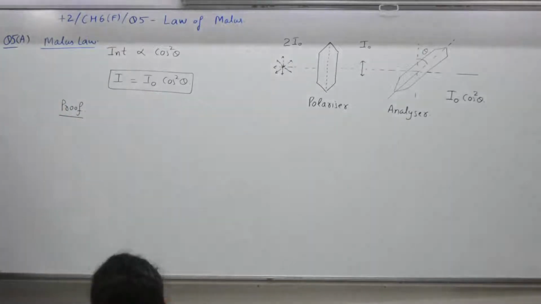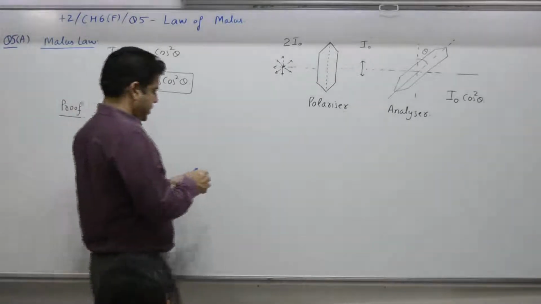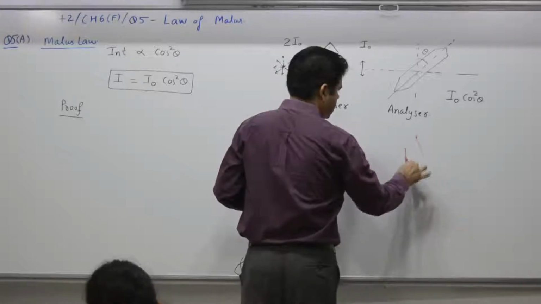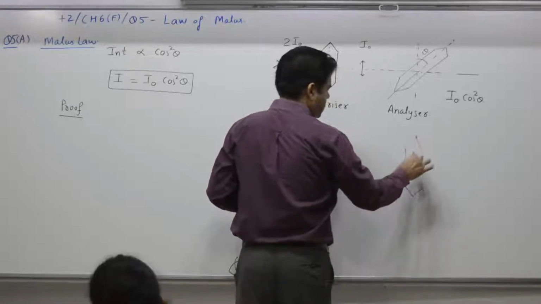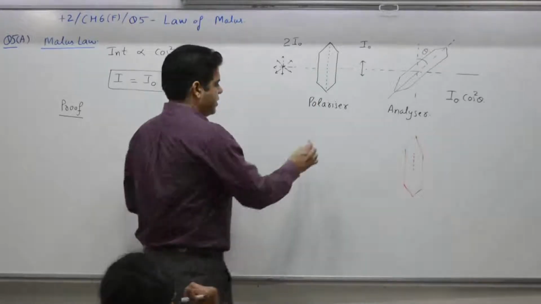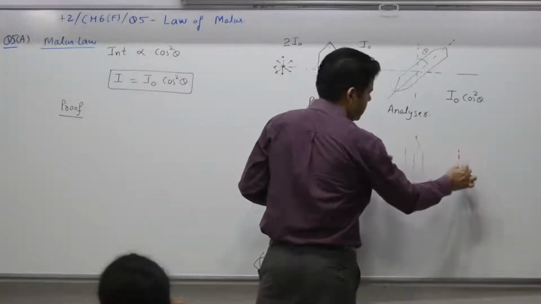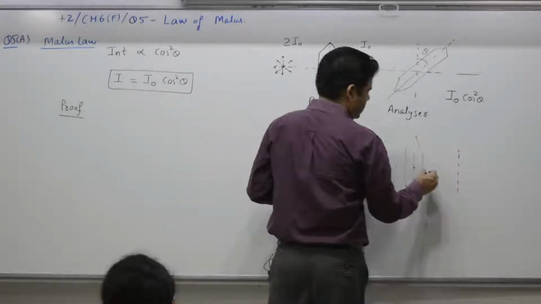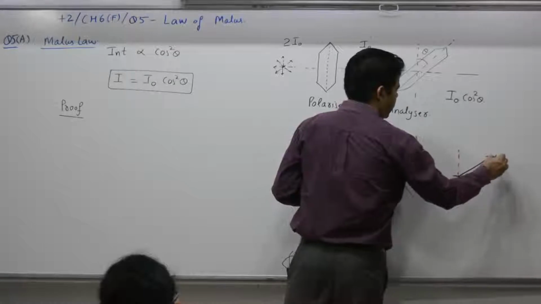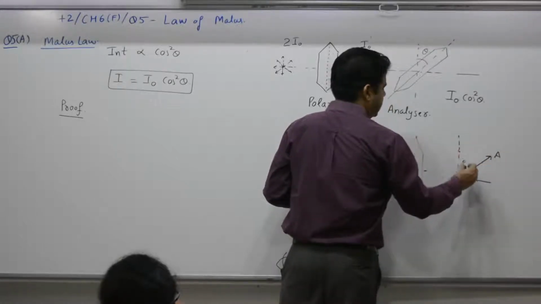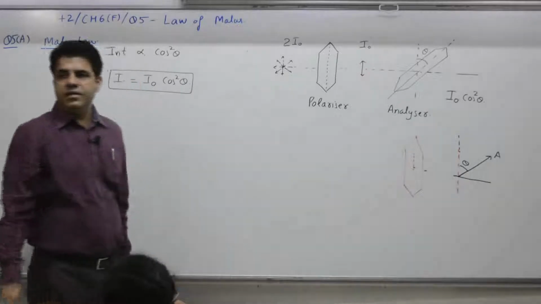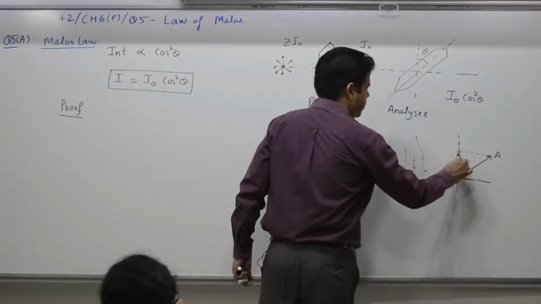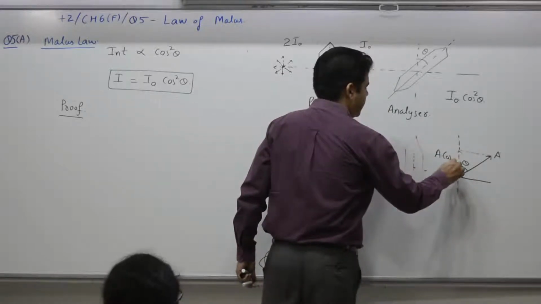If there is a vector, for this particular case, this is the axis, and if a wave oscillates at any angle, if its amplitude is A and it makes angle theta, then the component of this along this line is A cos theta.